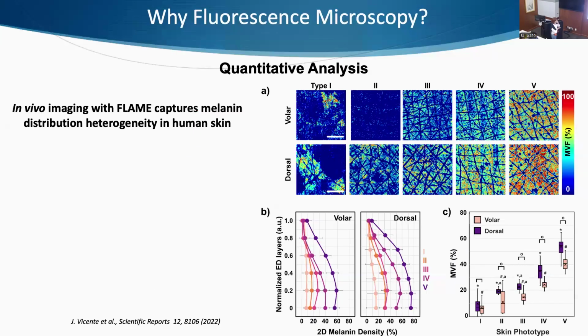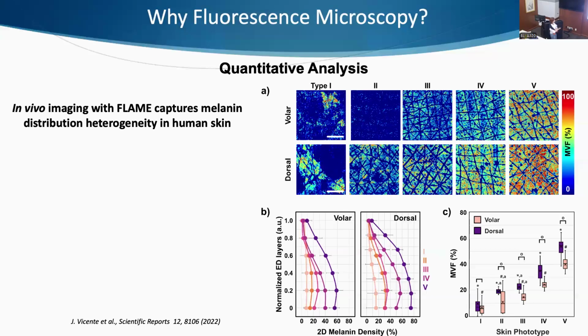This is an example I selected also from our work, where we showed that in vivo imaging using FLAME, the name of our device that I'm going to talk about next, can capture melanin distribution heterogeneity in human skin. This is shown in these images.